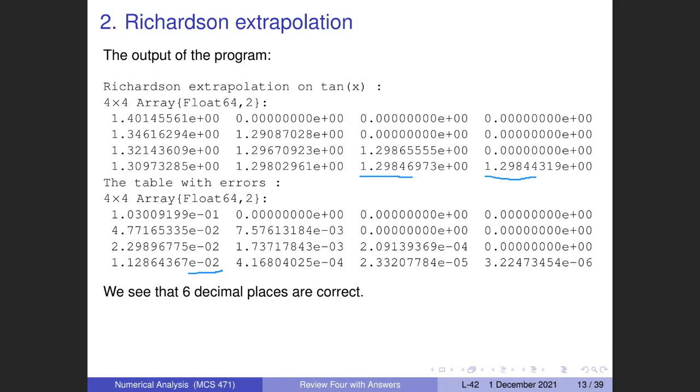So 6 is the answer if you use the exact answer. 8 would be the answer if you reason in the most optimistic way in which Richardson extrapolation is applied. If you do not compute the table of errors, you can also say, well, look, there are 5 decimal places that are corresponding in the 2 previous rows.